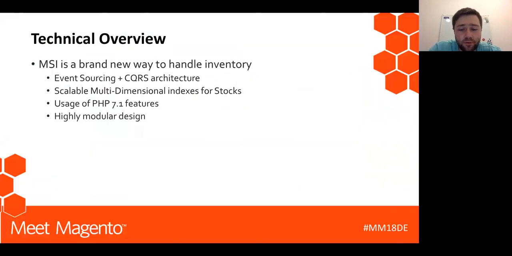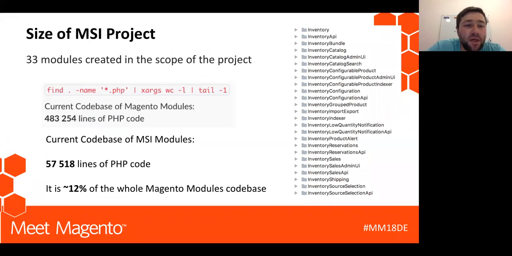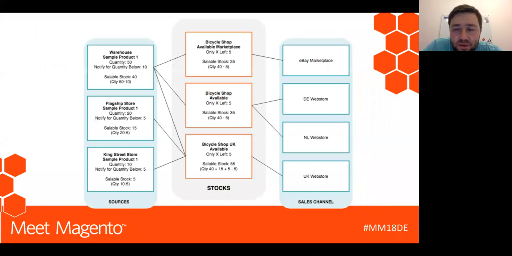A small technical overview and the size of the project. Currently MSI contains 33 modules, and MSI represents approximately 12% of the whole Magento module code base. To make a short introduction, as I already said, in MSI we have a base entity which represents a source.